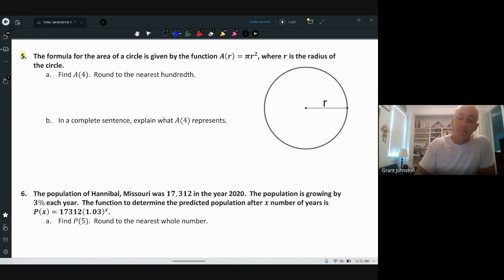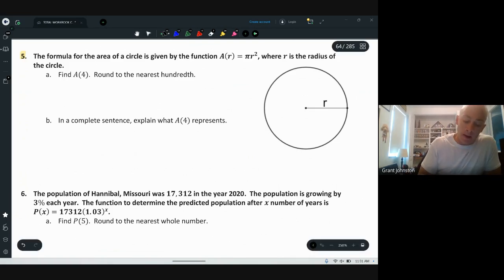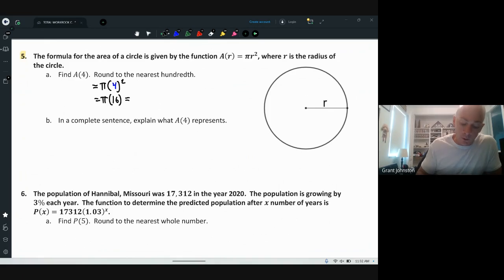Okay. So I'm going to plug in for R. So I have pi times 4 squared. 4 squared is 16. So I'm going to do 16 times pi. You can use 3.14 for pi.